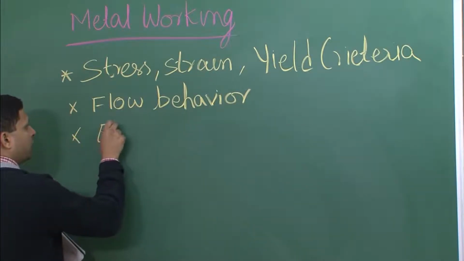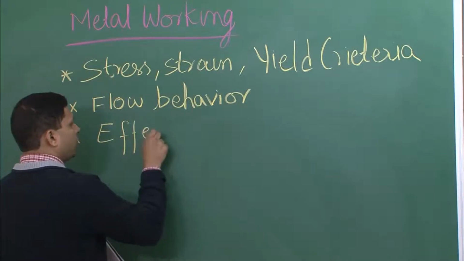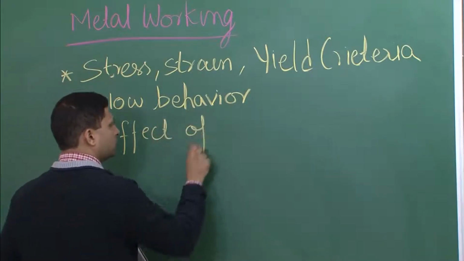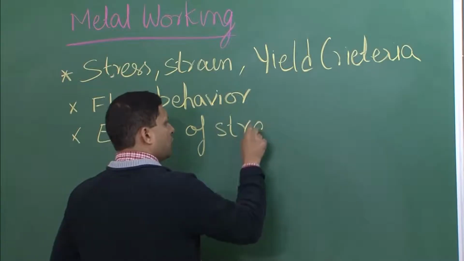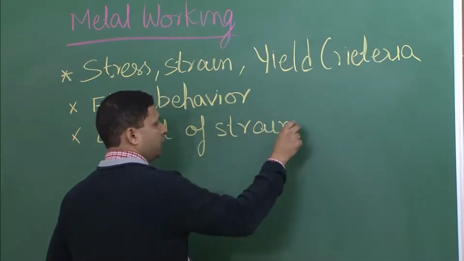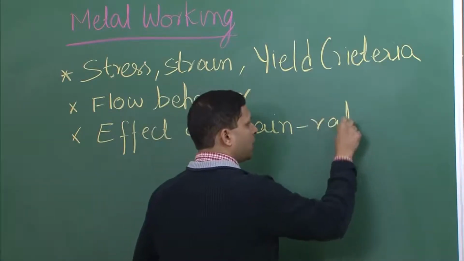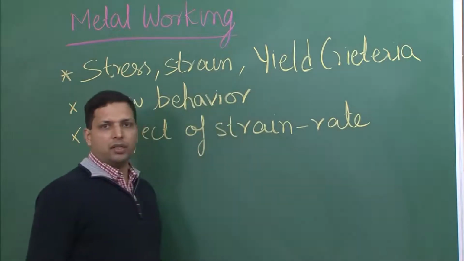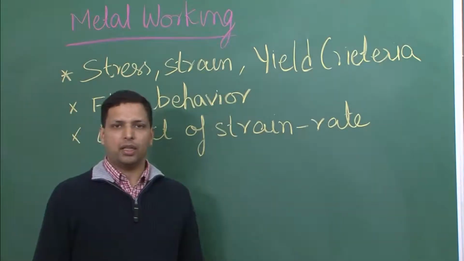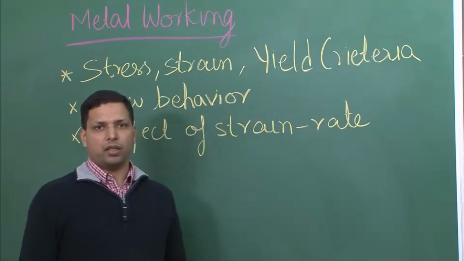Then we will take a look at understanding the effect of strain rate. You will realize very soon through the course that there are three very important parameters when we are talking about metalworking: strain, strain rate, and temperature.